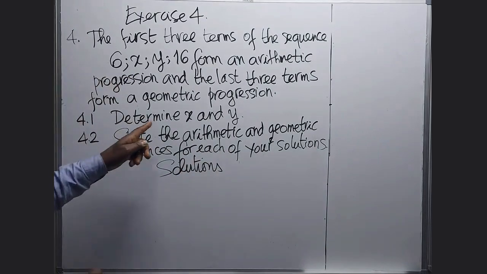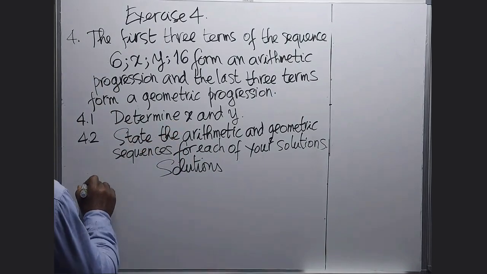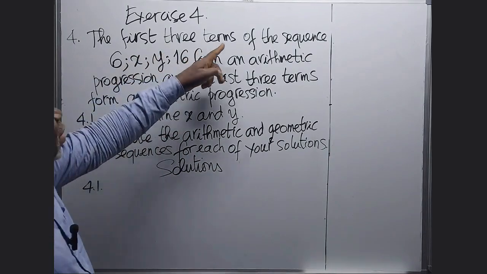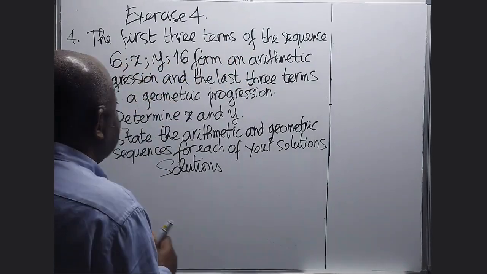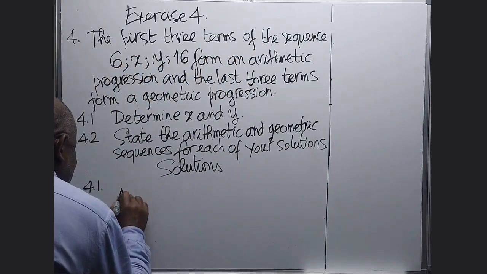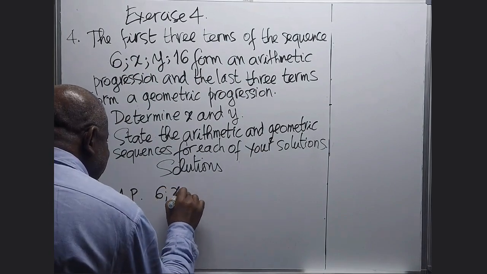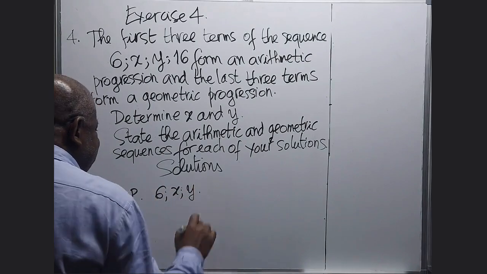For 1, determine x and y. For us to get x and y, they are saying that the first three terms of the sequence form an arithmetic progression. So the arithmetic progression will have the first three terms, 6, x, and y.